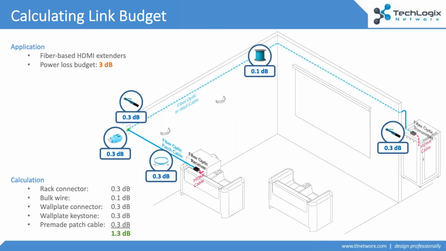We have a wall plate with a keystone. We have a patch cable. We have all these different things that are in line that come together, and our loss budget should be about 1.3 dB. Now, here's the thing. That is within the tolerances of our power budget for our extenders in this application, which is about 3 dB. Things should work just great.